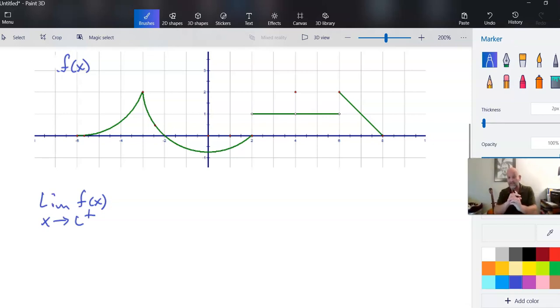Notice that's not in front of the c because that would change the sign. It's just telling you that you're coming in from the positive side, so that's on the right. I should probably be a little careful with how I'm pointing just because the camera is reversed so I can see what I'm doing. So this is a right-handed limit.